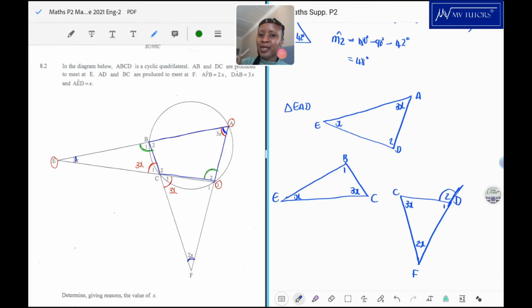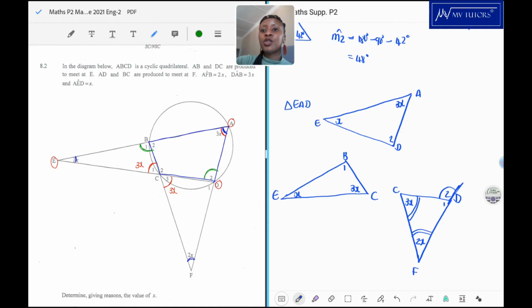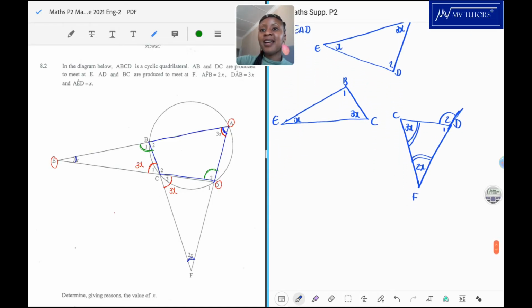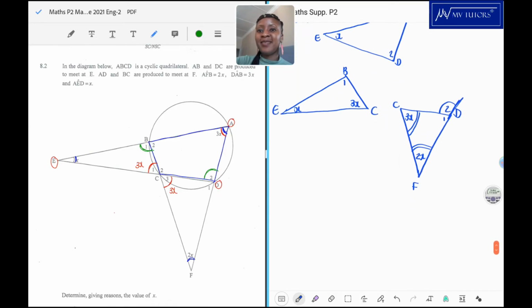And what do we know about external angles to triangles? We know that an external angle of a triangle is equal to the sum of the opposite interior angles.